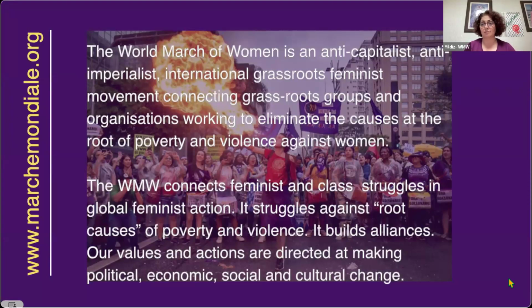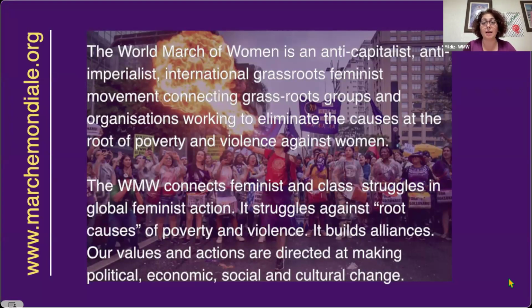It's not just poverty and the violence. We struggle against the root causes of poverty and violence. So that's the World March of Women from the very beginning, it connects the feminist struggle and feminist agenda to the struggle against poverty.